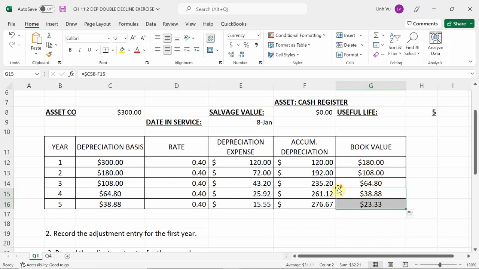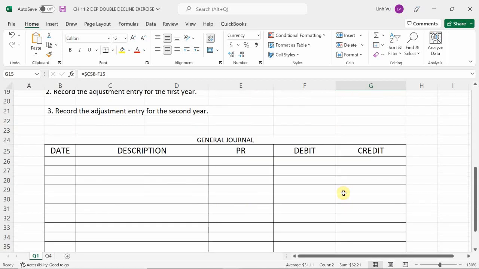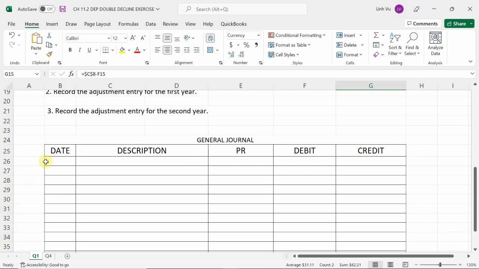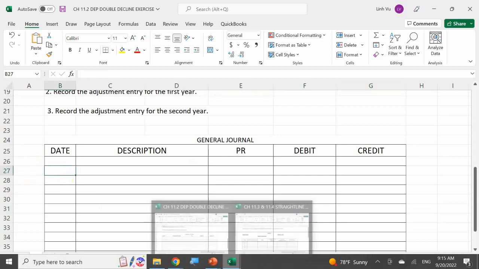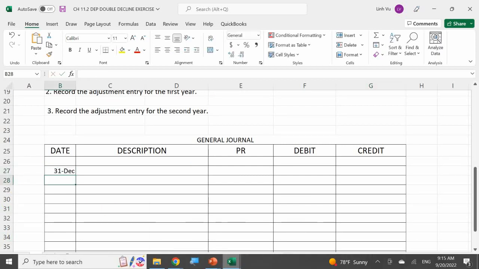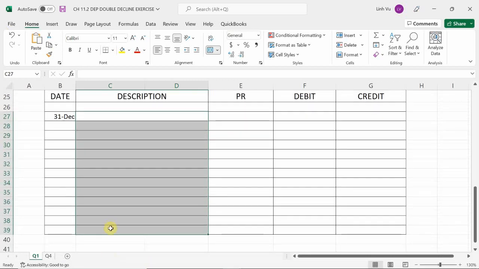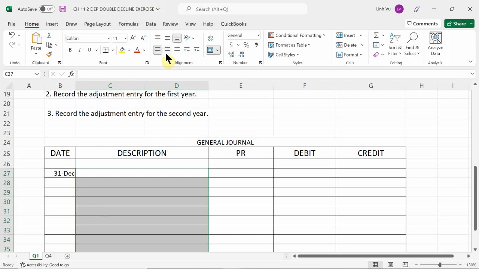So let's go ahead and practice journalizing our adjustment entries for the first and second year. Assuming that I am depreciating at the end of the year, December 31st, how do I journalize my transaction? How do I do my adjustment?